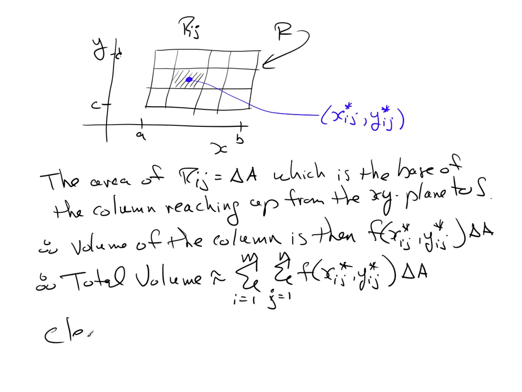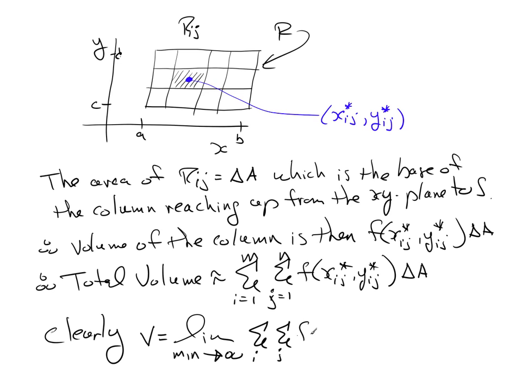So clearly, from what we understand from back in Calc 1, the actual volume is going to be equal to the limit, as m and n both go to infinity, of this double sum, the sum over i, the sum over j of f of xij, yij times delta A.